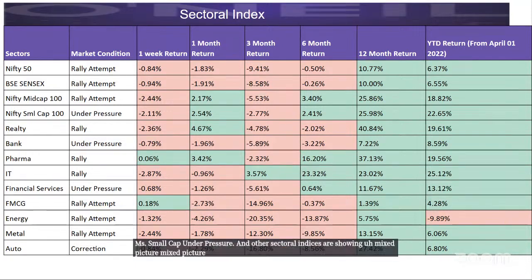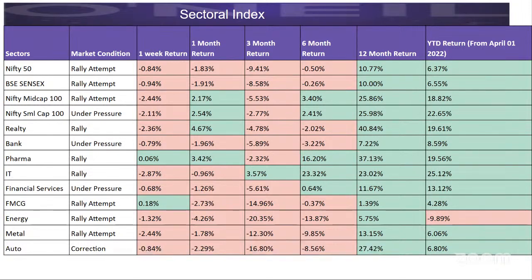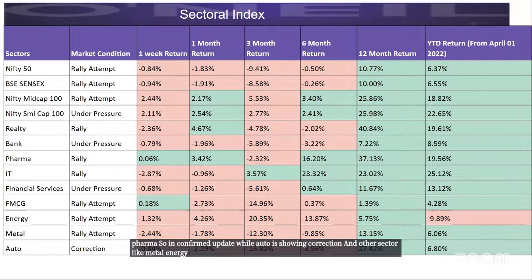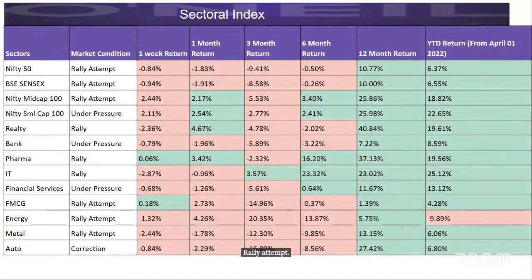Like if you see realty, it is showing confirmed uptrend. Pharma and IT are showing confirmed uptrend, while auto is showing correction, and other sectors like metal, energy, FMCG are showing rally attempt.